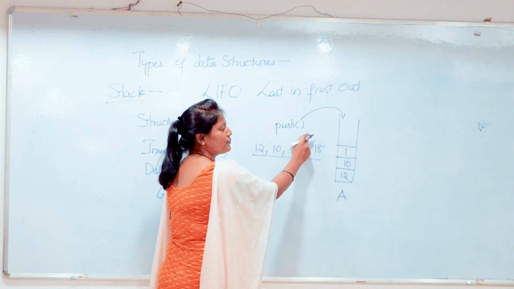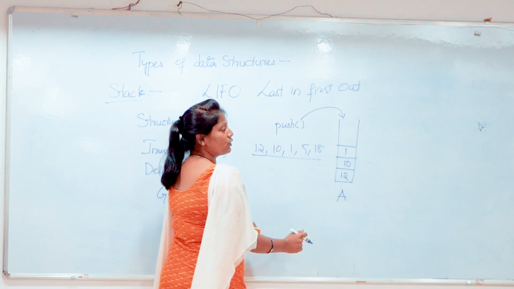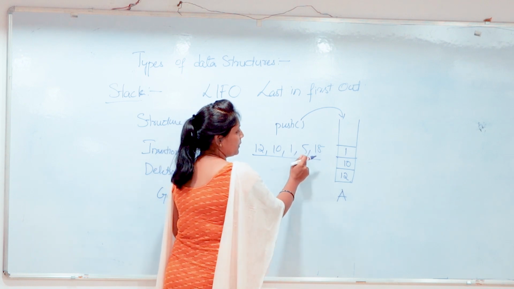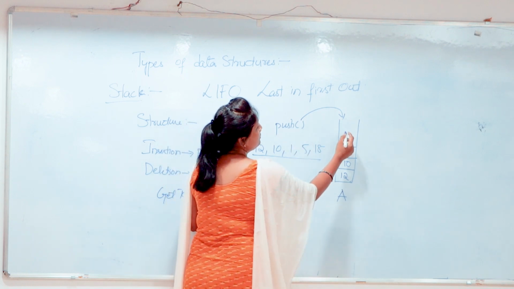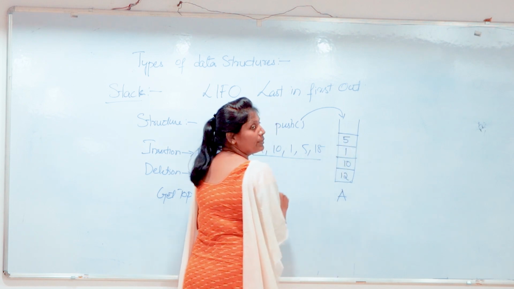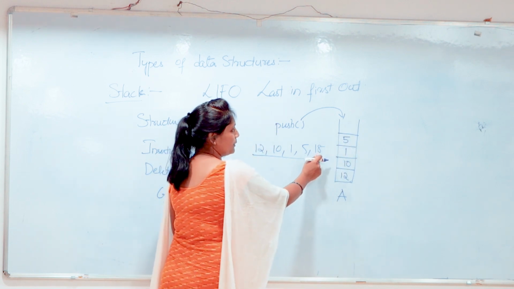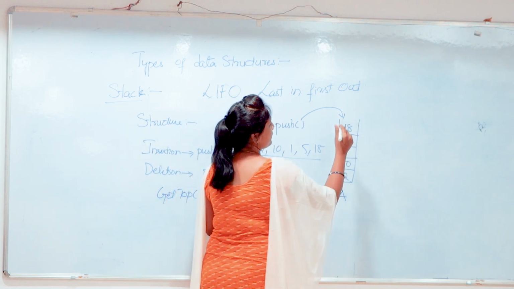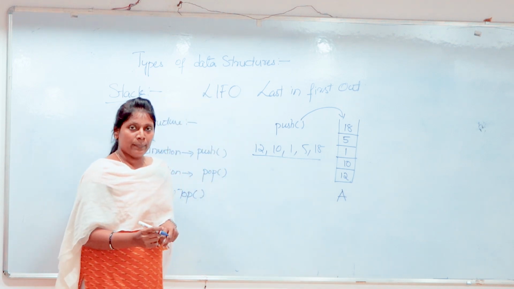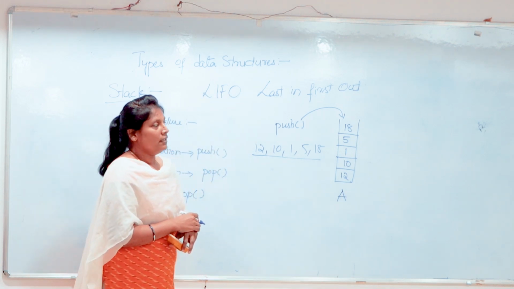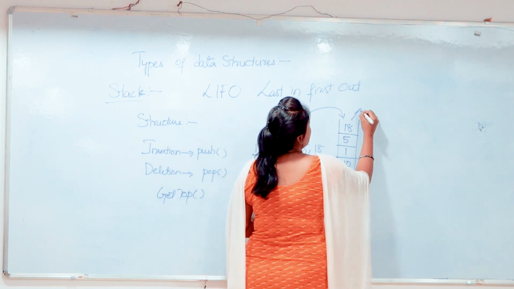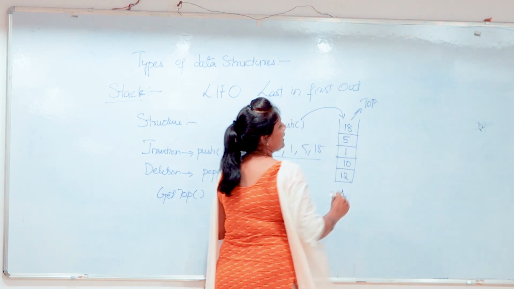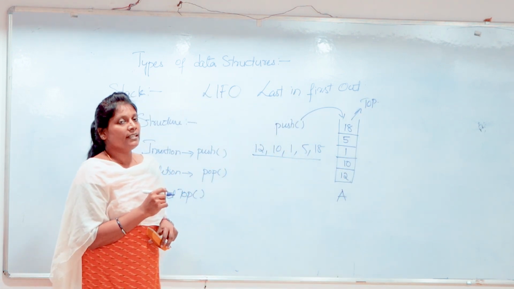Again the push operation is performed and 1 will be inserted into our stack. The next element is 5, and then 5 will be inserted. The last element is 18, and 18 will be the topmost element present on the stack.